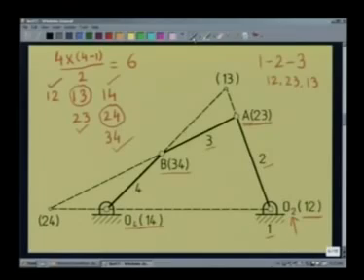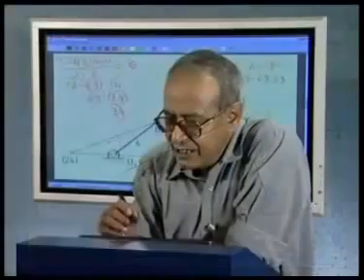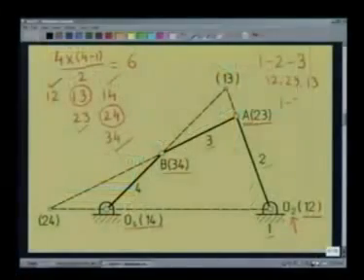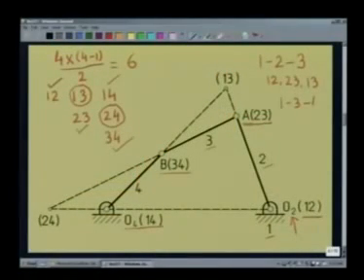Next, let us consider 3 rigid bodies, namely 1, 3 and 4 in relative motion. Consequently, the 3 relative instantaneous centers, that is 1,3, 1,4 and 3,4, must be collinear.